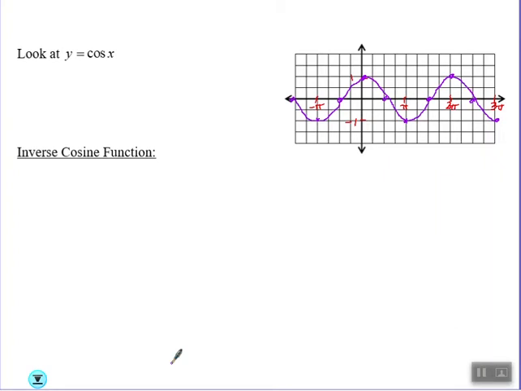Here we have the graph of y equals cosine of x. Again, this graph in its entirety is not one-to-one, but we can look at a part of the graph that is one-to-one, and that would be this part here from 0 to pi.